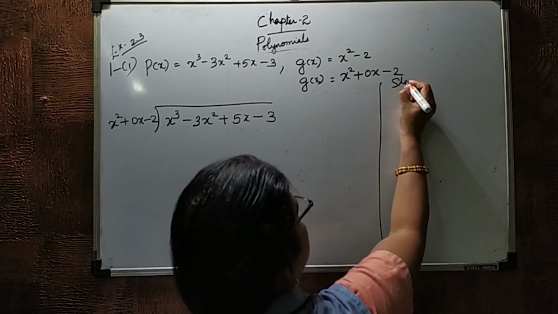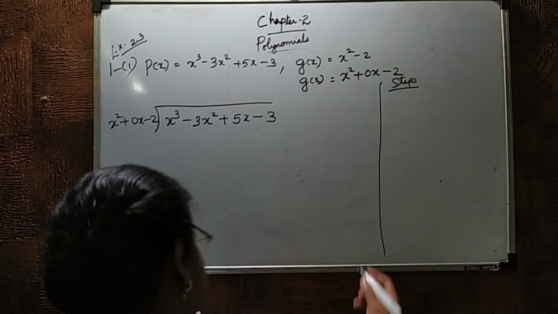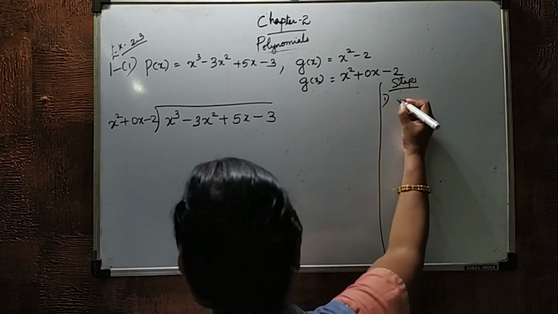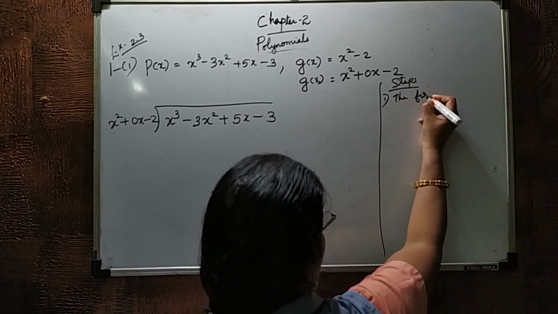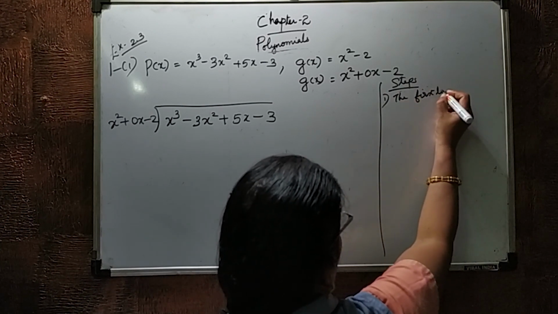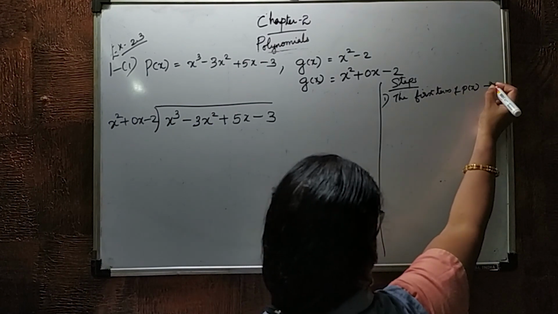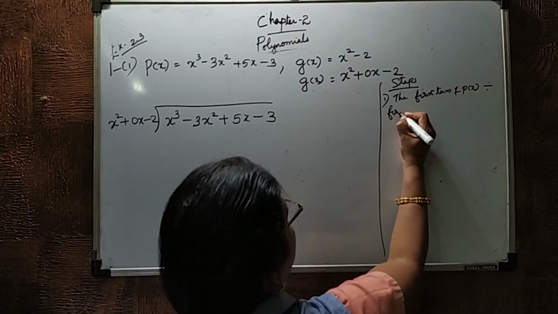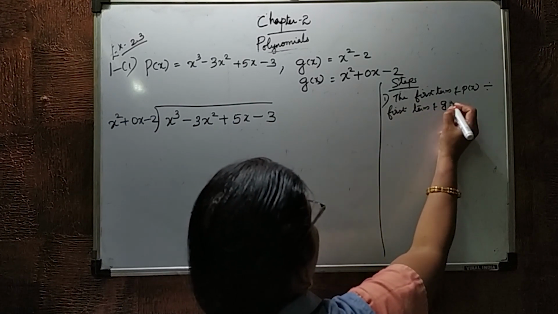The first step is the first term of p of x divided by the first term of g of x.